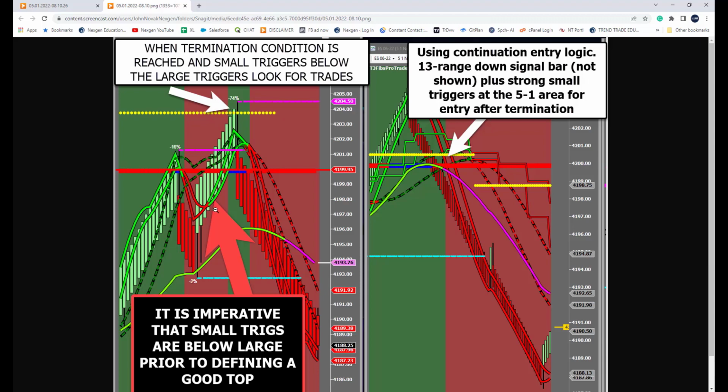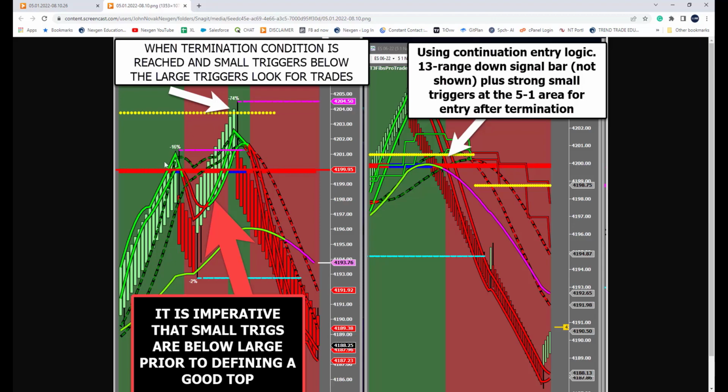So after the triggers are below and you hit a termination, then you can look for one hop in attempt if you have fibs and mid bands and strong triggers, 1-to-1s, and then you get a couple extra trades after a really, really good termination on a chart that has the precursor small triggers weakening the large triggers first.